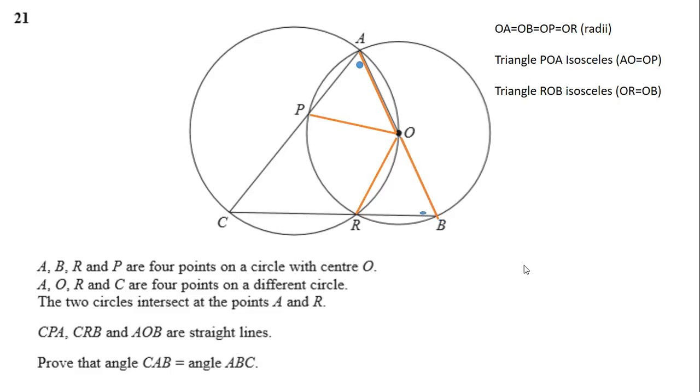We haven't got any angles in semicircles using a diameter, so that one isn't going to be helpful to us. We also haven't got any tangents. This line here is not a tangent to the small circle because it goes through it twice. So because we're not looking at tangents, automatically we can cross off the radius and tangent being at 90 degrees, the alternate segment theorem, and two tangents from the same point are equal.